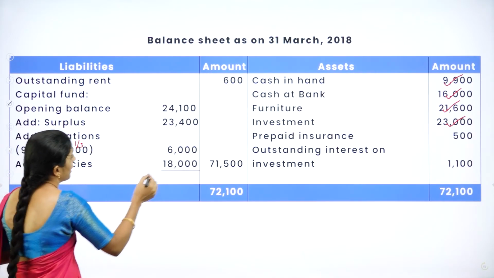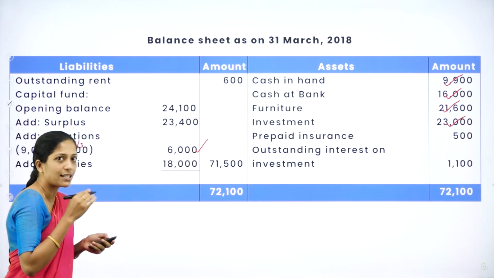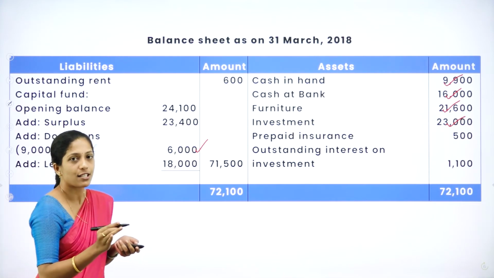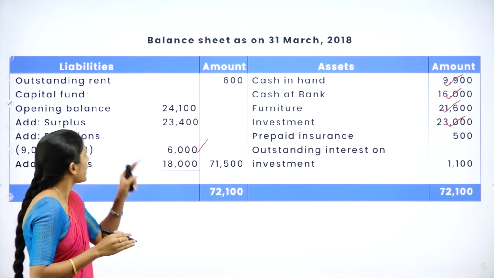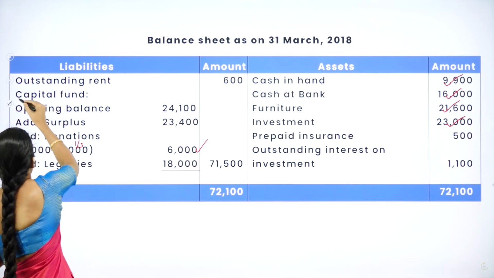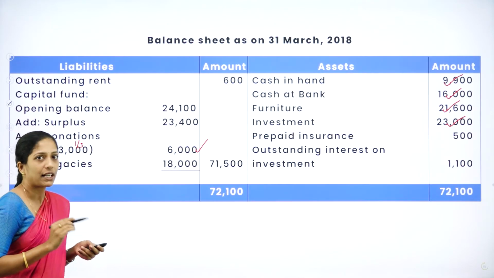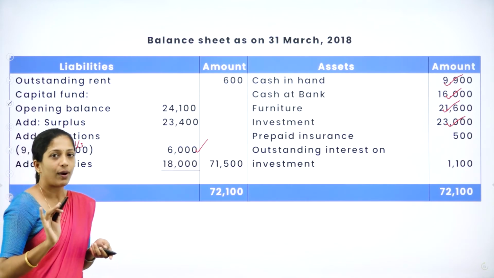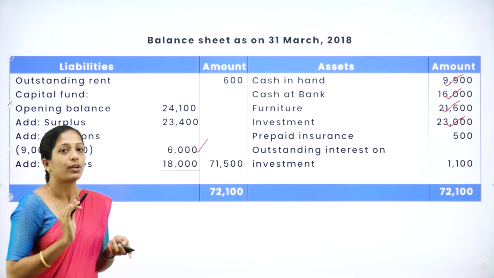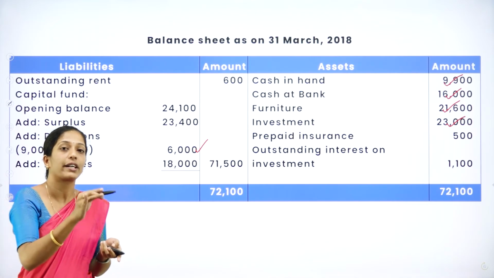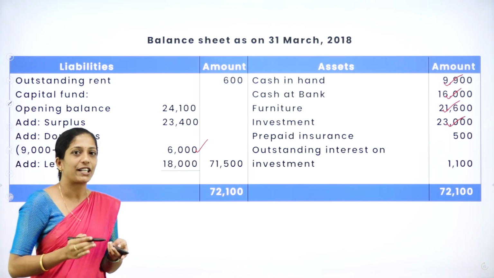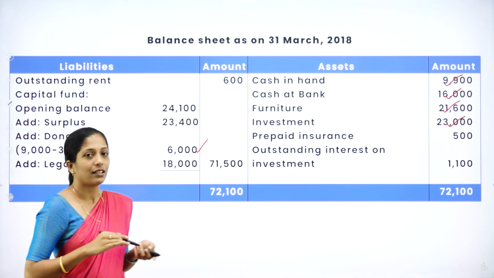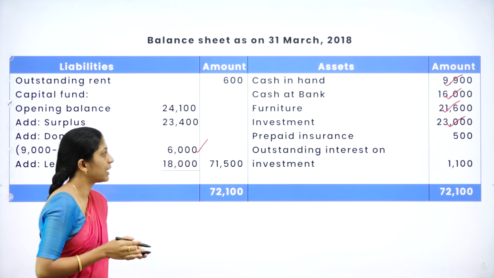So the remaining is 6,000. So how to take this donation? We have to add the donation to capital fund. Now you have understood why we are going to take only 6,000: because one third we had already taken in the income and expenditure account. The remaining has to be added to capital fund.